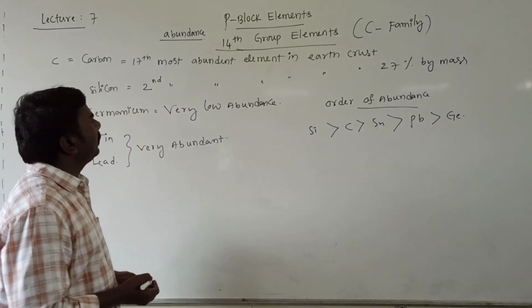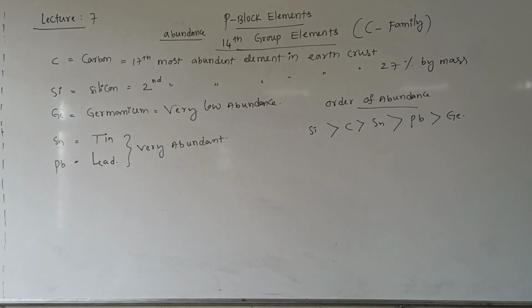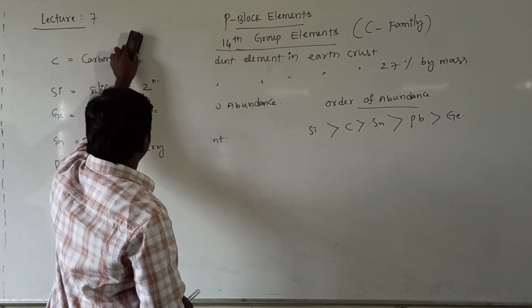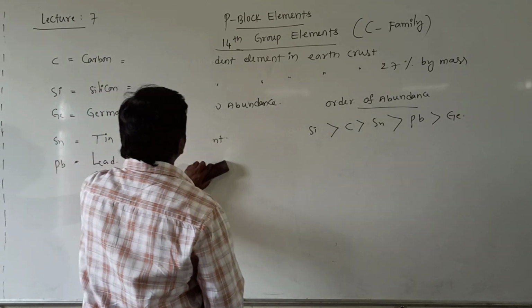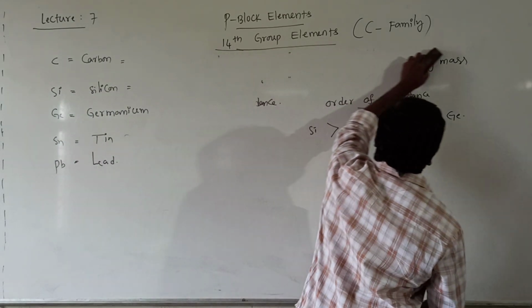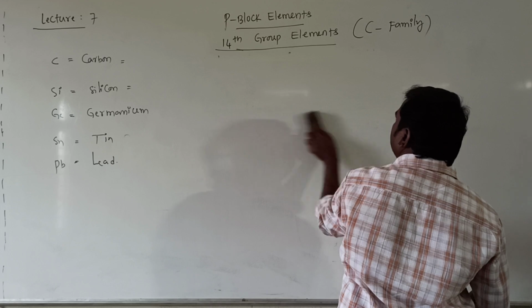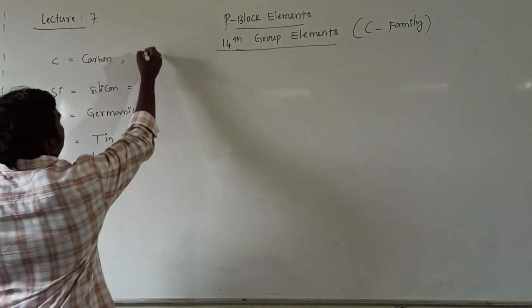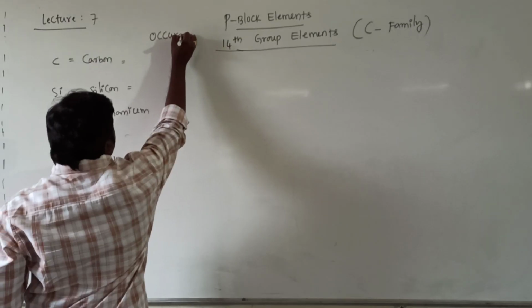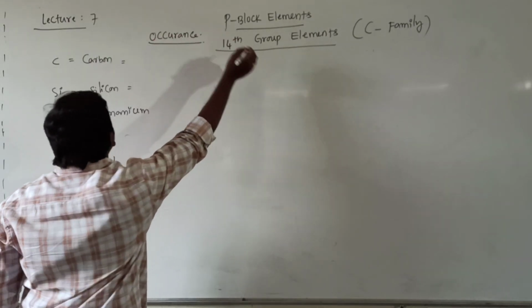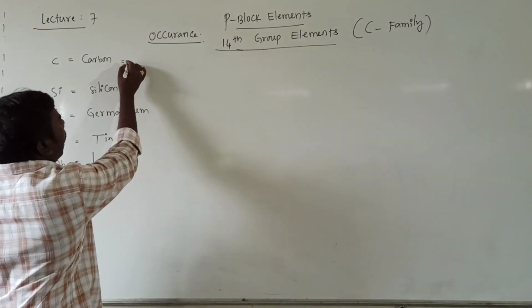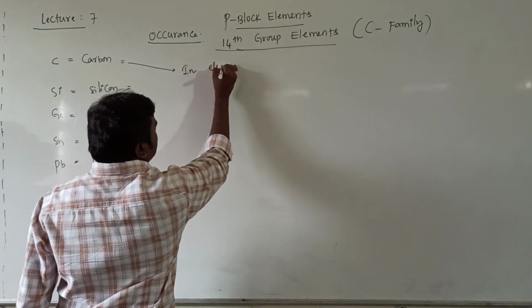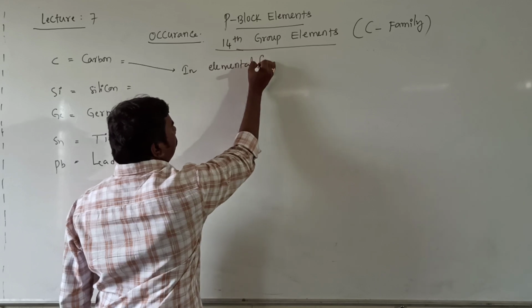Next, occurrence of these elements. How they exist in nature. Carbon is available especially in elemental form.